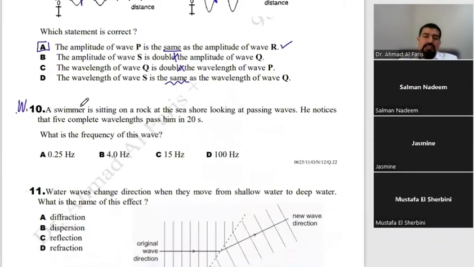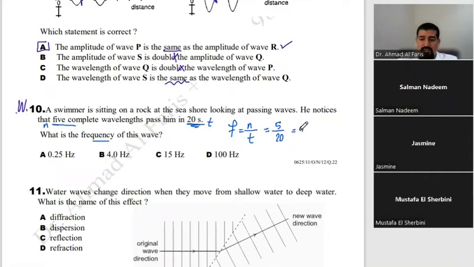Question number 10. A swimmer is sitting on a rock at a seashore, looking at passing waves. He noticed 5 complete waves pass him in 20 seconds. So I know the number of waves and we know what? The time. So they ask about the frequency. We know that frequency equals the number of vibrations or oscillations divided by time, which is 5 divided by 20.